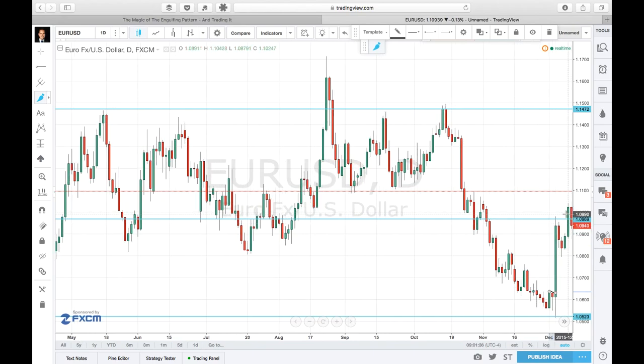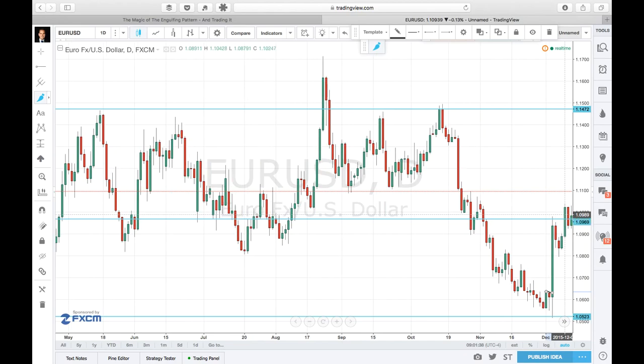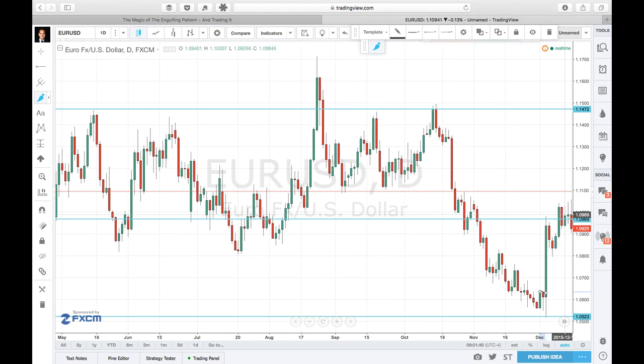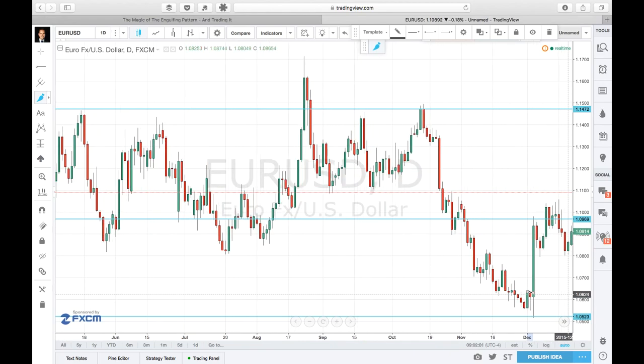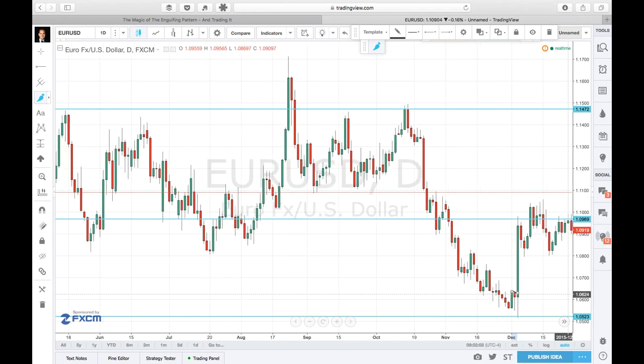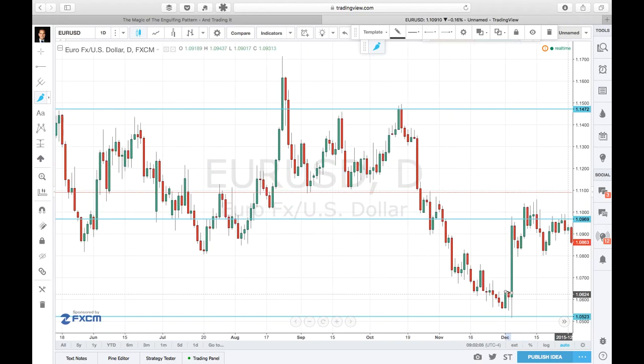As you can see, we're again at that zone, so we might look for bearish price action now. And this is a nice bearish engulfing candle. Now this is perfect. So you could again put your entry below, stop loss above, and then put your take profit somewhere along the way here. As you can see, it's going sideways right now.